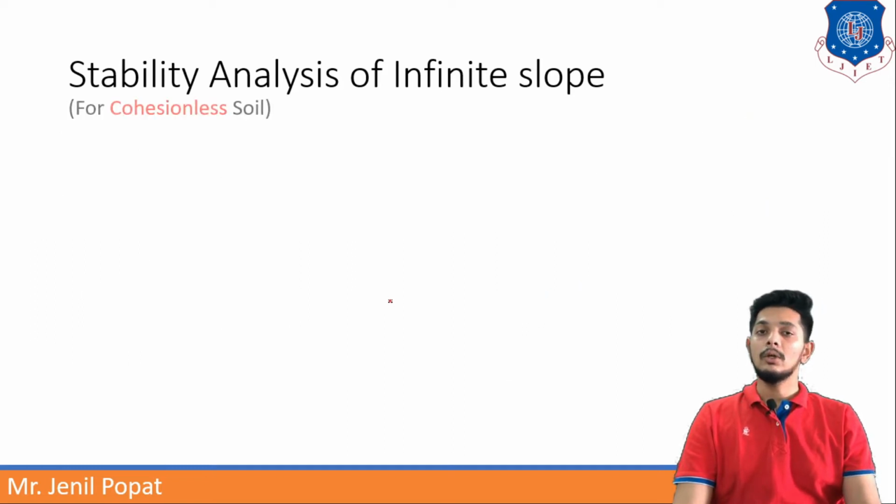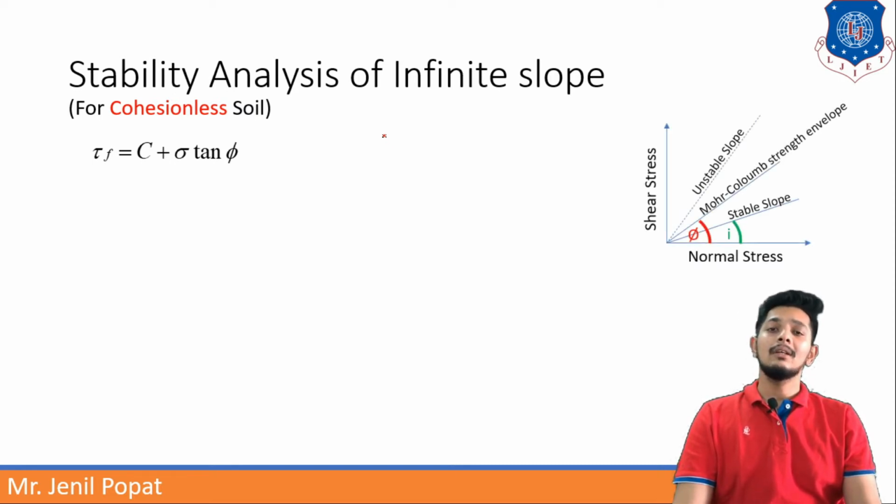Let us move to cohesionless soils. Basically, the strength of any type of soil at failure will be calculated by tau f equal to c plus sigma tan phi. If we see the graph of shear stress versus normal stress, the Mohr-Coulomb strength envelope has some angle phi with the horizontal.